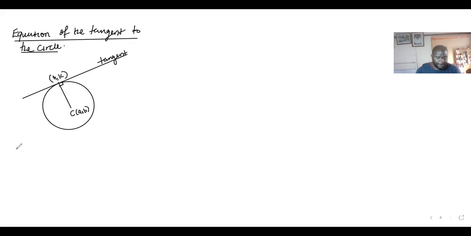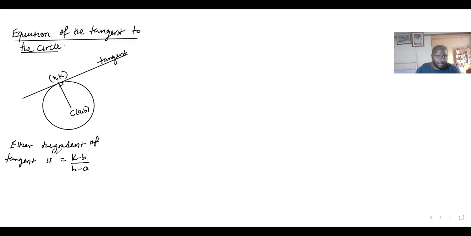Now, either the gradient of the tangent is going to be k minus b over h minus a.